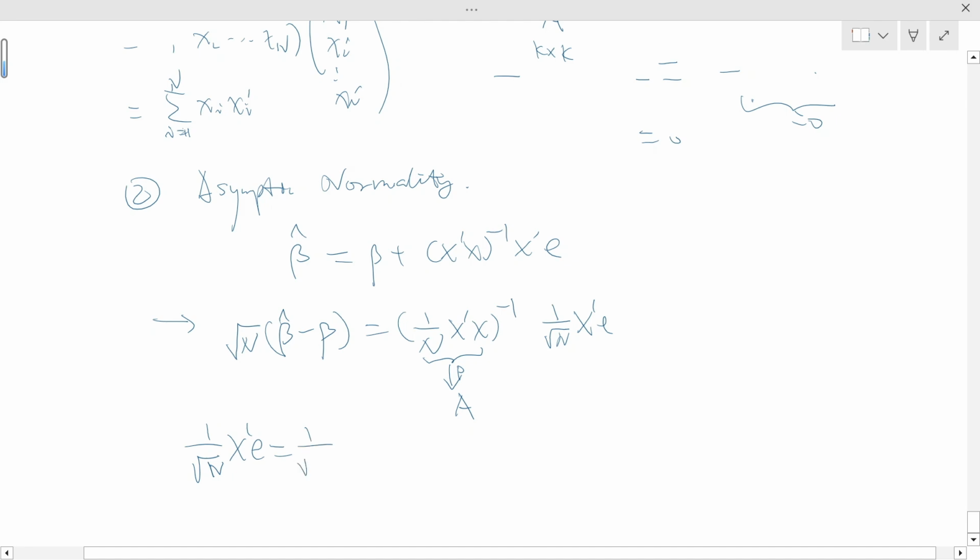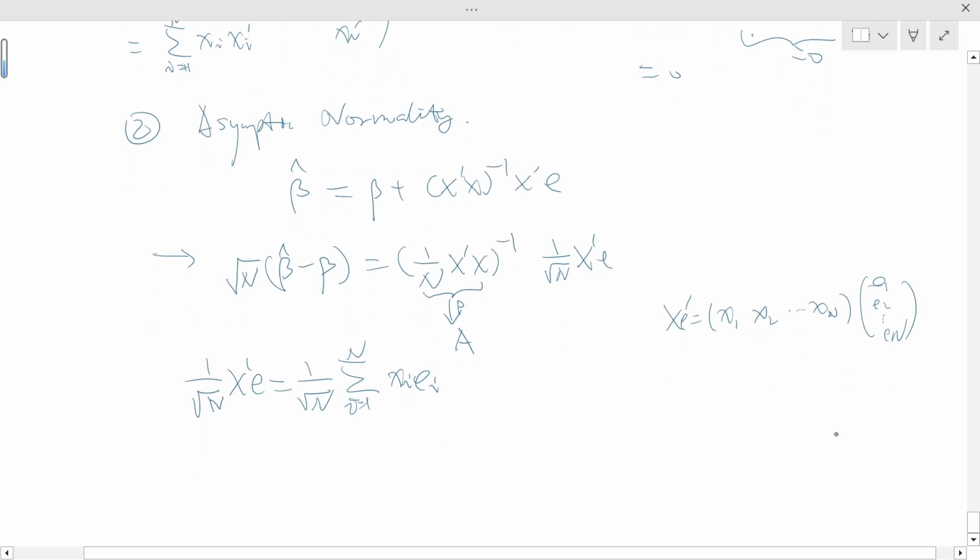This is the same as root n times the sum, where X prime is x1, x2, xn and e is e1, e2, en. So it's the sum of xi ei. Now we are going to apply another important theorem, the central limit theorem.